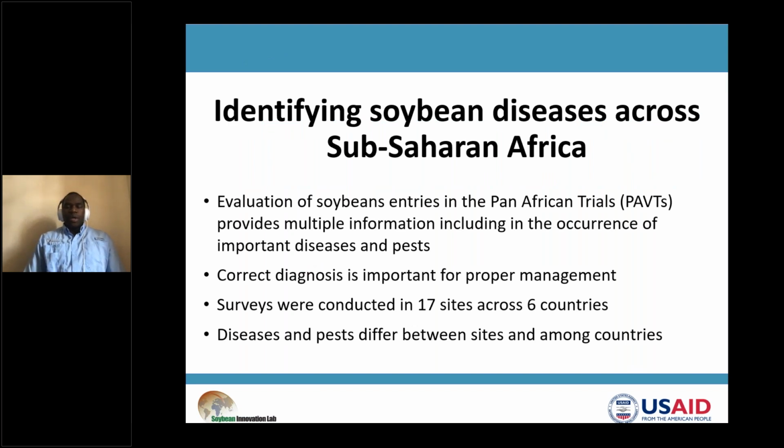In the Pan-African variety trials, we have a total of about 70 currently in 16 countries. These trials give us an opportunity to get information, including the occurrence of different diseases and pests. Soybean diseases resemble each other quite a lot, and it might be difficult for practitioners to identify them in the field.